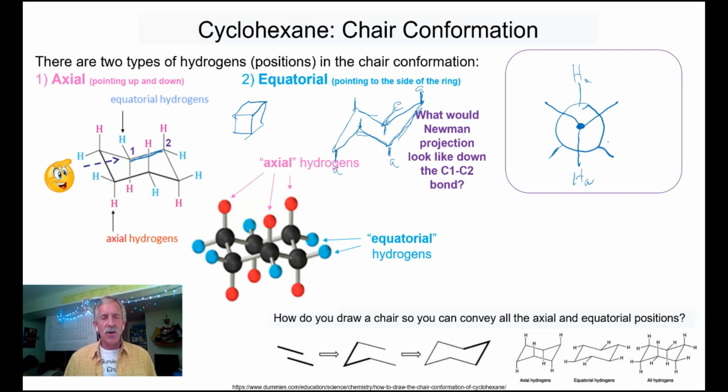My question is, though, where are those hydrogens that are equatorial attached? Where's that carbon chain, the whole rest of the carbon ring going to be? And therefore, I need to have a sense of perspective.